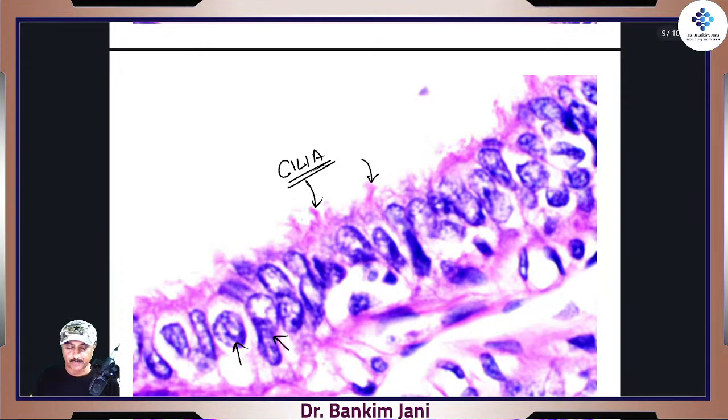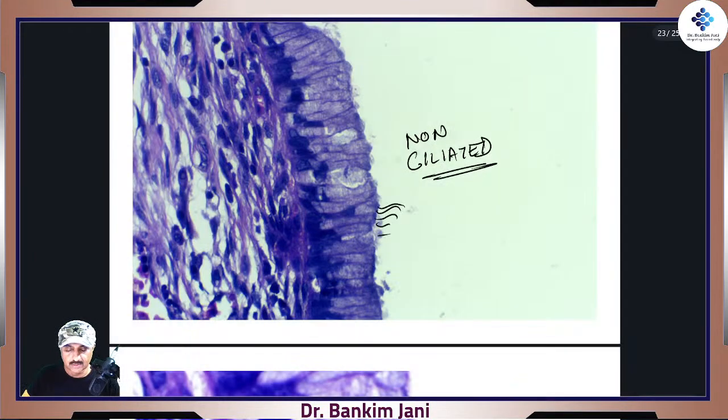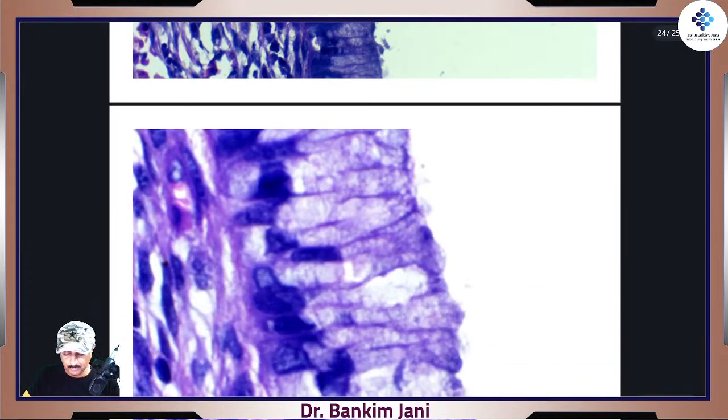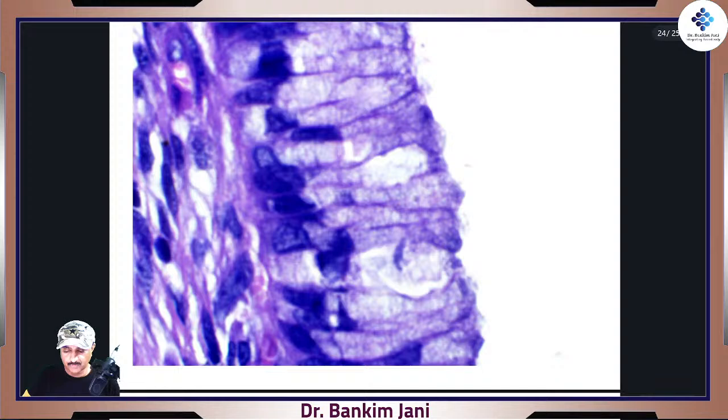Cilia means these are projections, so the entire border would be irregular because of cilia. See, this is the irregular border. Watch this as compared to this. See how pretty smooth, right? You are not finding anything which is coming out.